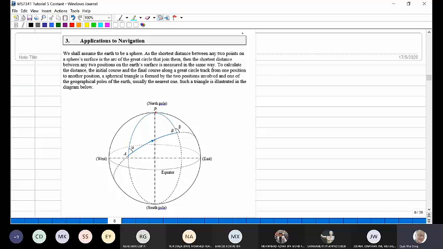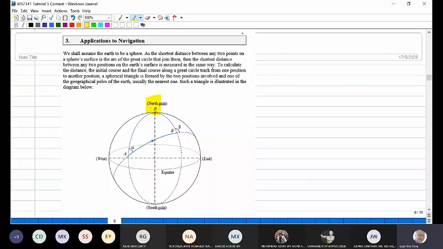We use P for North Pole. So our notation, P is North Pole. Of course, there's a South Pole also.